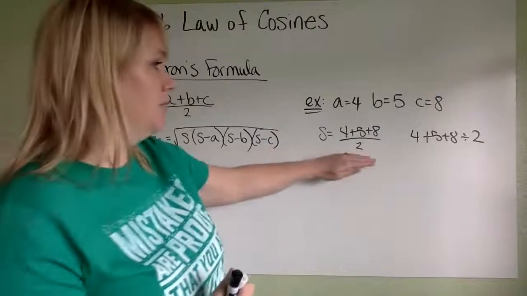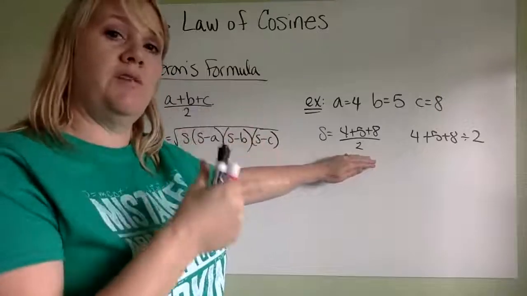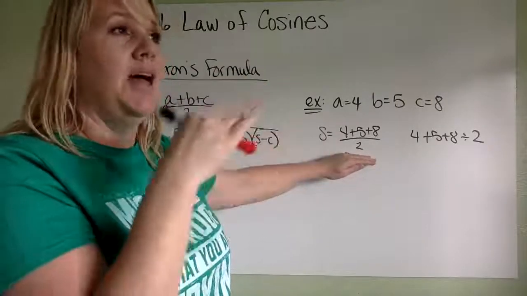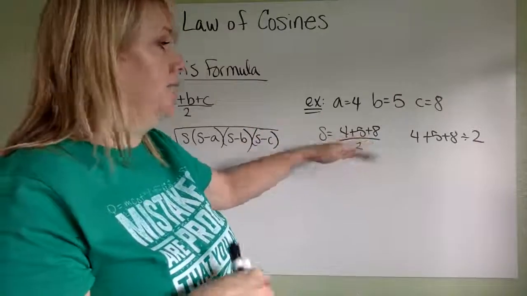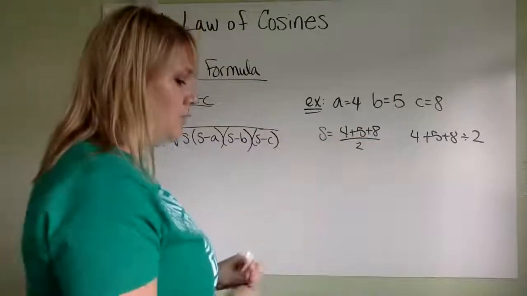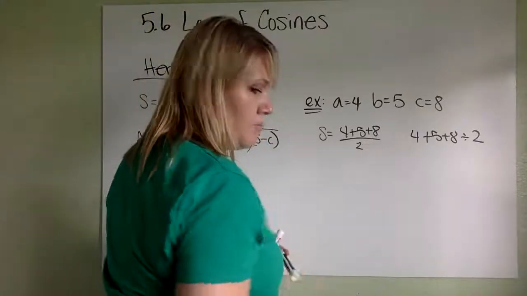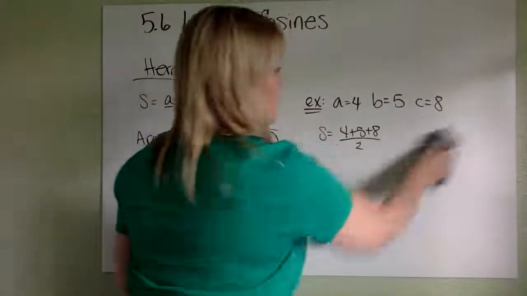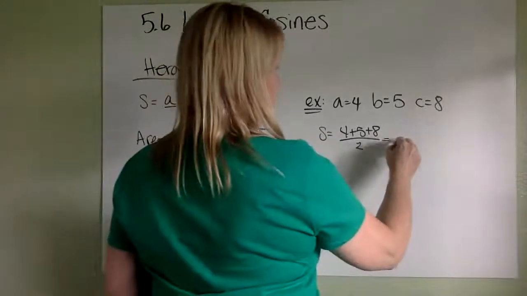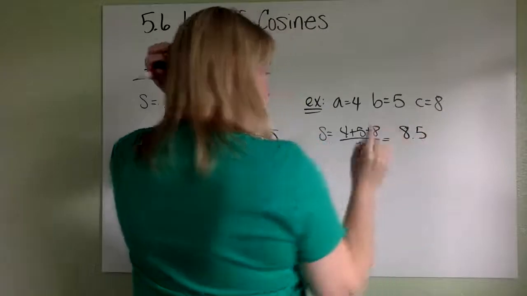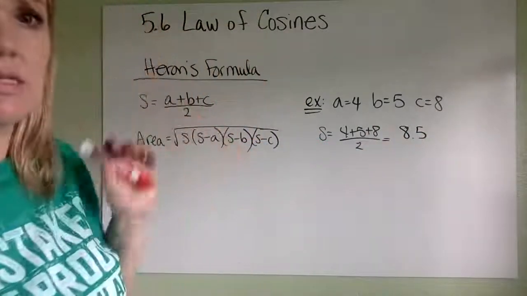This fraction implies that we take the sum, 4 plus 5 plus 8, evaluate that, and then divide by 2. So maybe just do it in your head or in two parts on your calculator. Don't do what I erased over here; that's a what not to do. The answer should be 8.5. Okay, so that's not the area, that's the semi-perimeter.